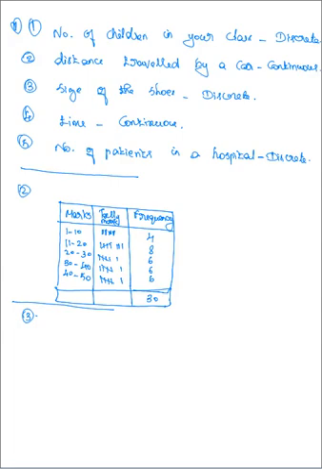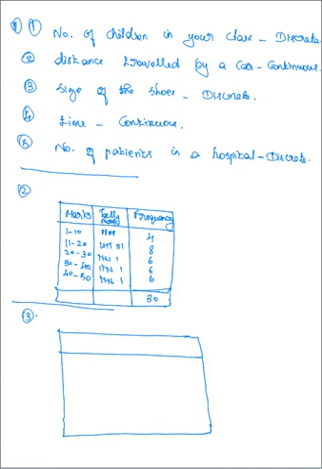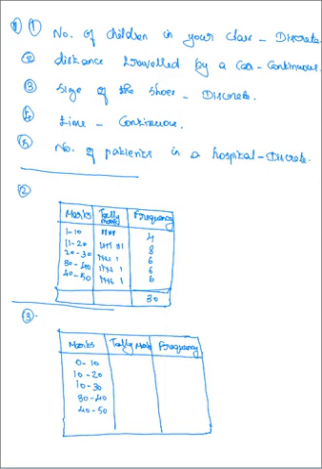So we will mark like that: marks, tally marks, then frequency. 0 to 10, 10 to 20, 20 to 30, 30 to 40, 40 to 50, 50 to 60.